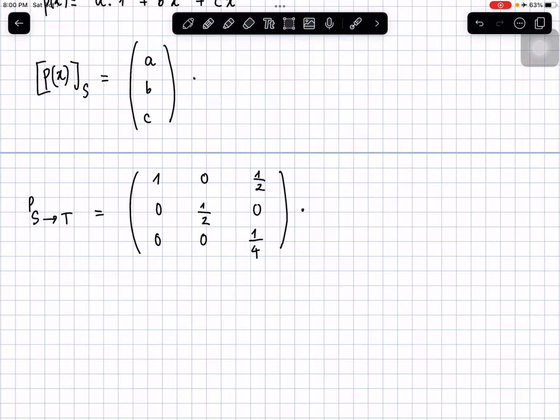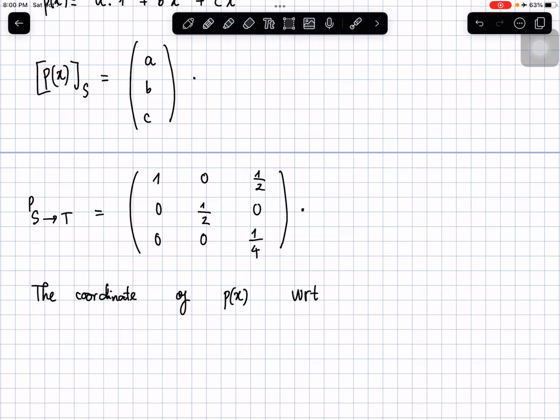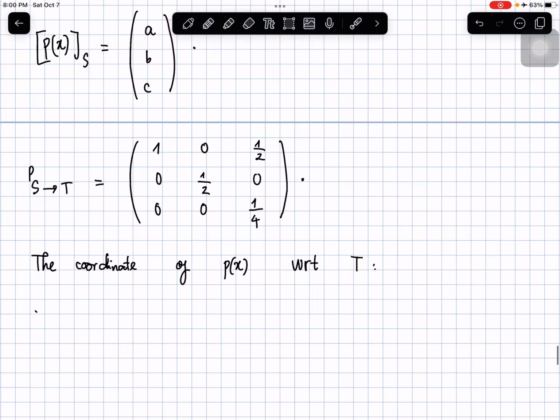Therefore, we can compute the coordinates of p(x) with respect to T as follows.